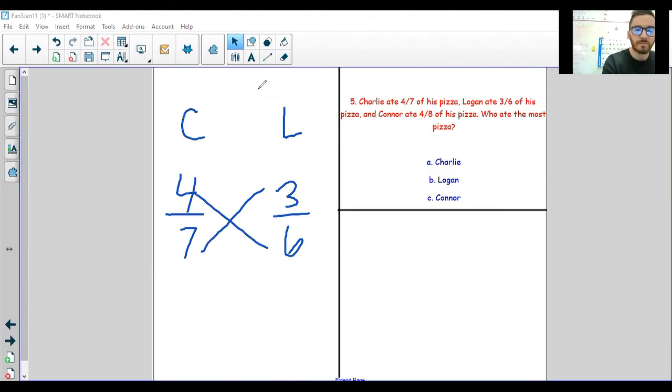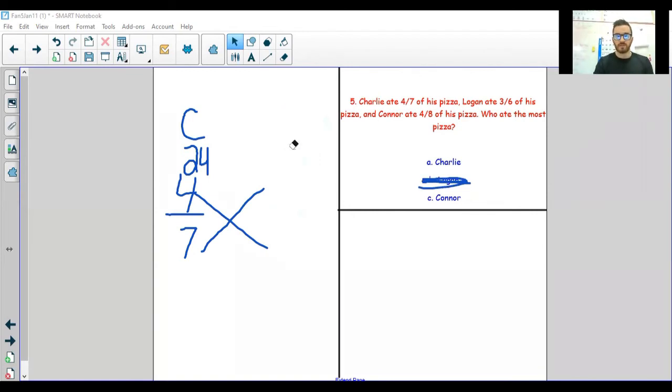Boom, boom. 7 times 3 is 21. 6 times 4 is 24. When I'm looking at those two amounts, Charlie's represented by 24. Logan's represented by 21. Charlie ate more than Logan. Doesn't mean it's the answer. It just means Logan is eliminated. And now what I'll do is I'll take Logan out, and I will compare Charlie with Connor.